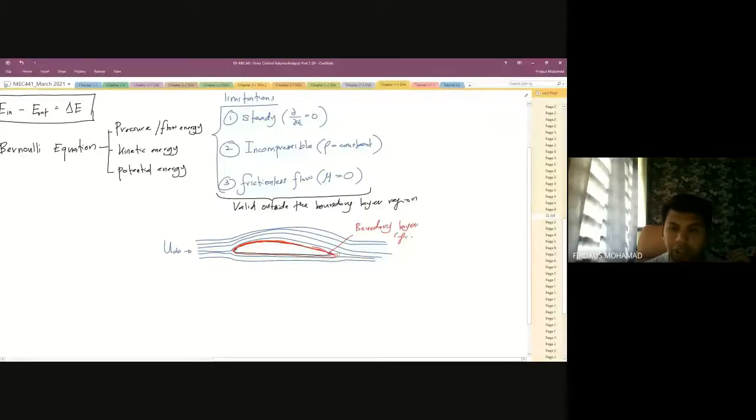Within this boundary layer region, this Bernoulli equation is not valid.